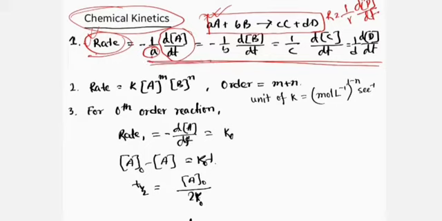As these are the reactants, they are decreasing with time, so there is a negative sign. As these are the products, they are increasing with time, so these are positive in sign, right? So this is rate.